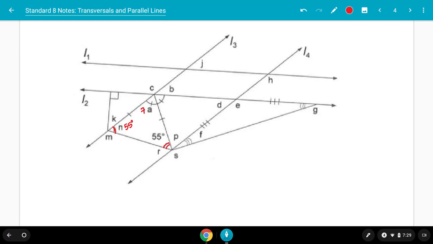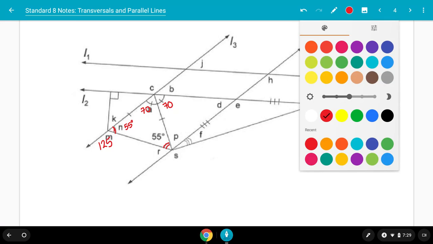A is 70 and is congruent to this one here. Okie dokie. I can figure out what M is. 125. Oh, this is going to help a lot. I know my next move.